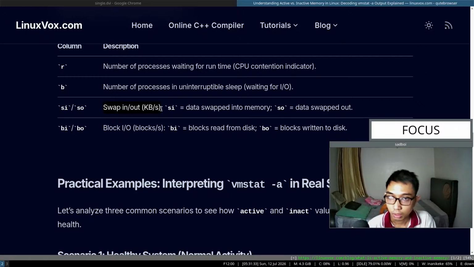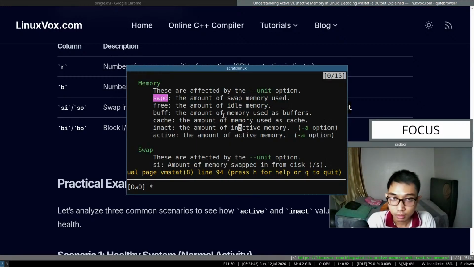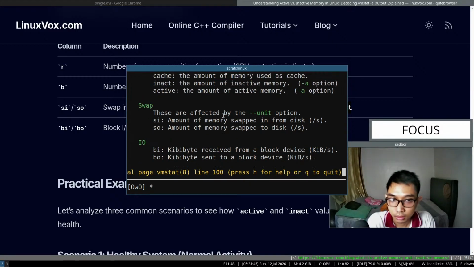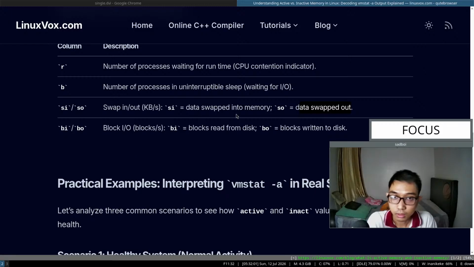Swap in or out, data swapped into memory, data swapped out from memory, if I remember correctly. Right, SI is swapped in, SO is swapped out from memory. Okay.